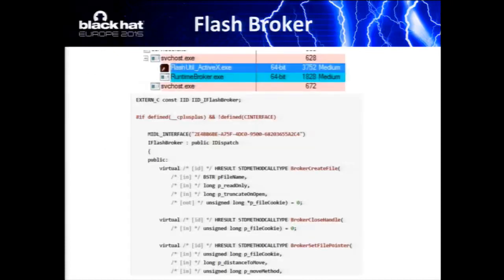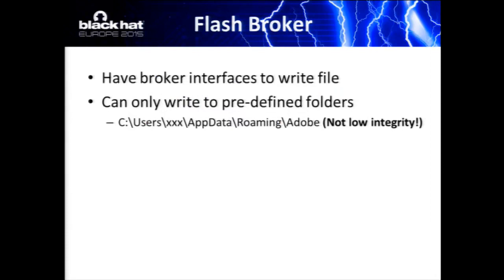So here, another broker service helped us, which is the Flash broker. The Flash broker is used by Flash plugins, and it provides some interfaces to the Flash plugin to read and write some system folders.